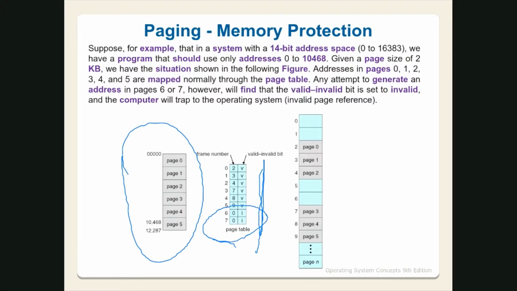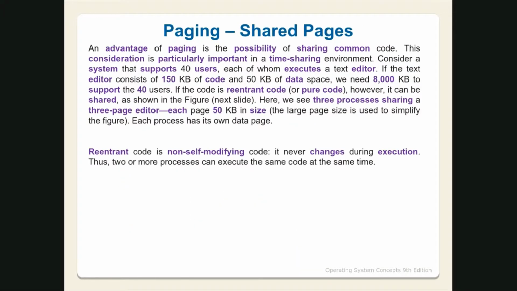With any such attempt, the valid invalid bit is set to invalid and the computer will trap to the operating system because it's an invalid page reference. There is no such page 6 or 7. You get the idea? So this is about memory protection in paging.